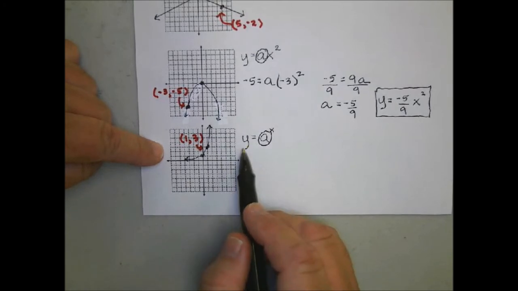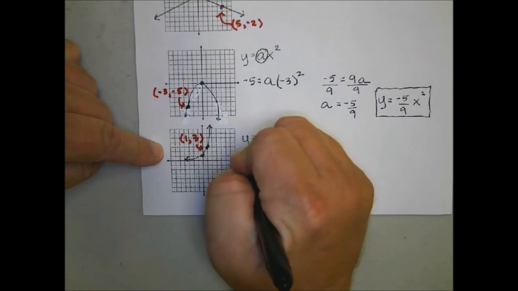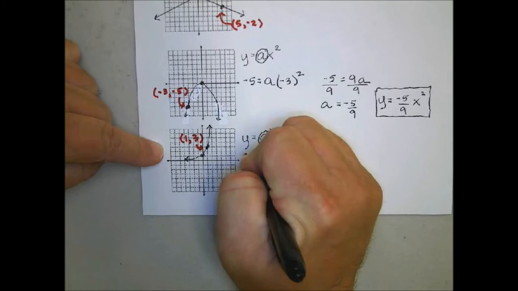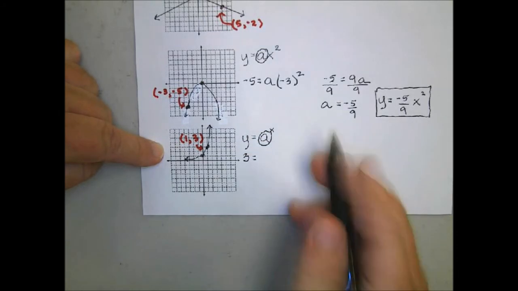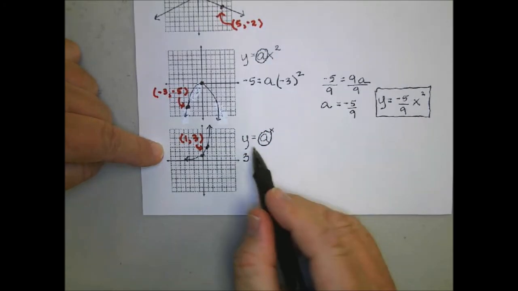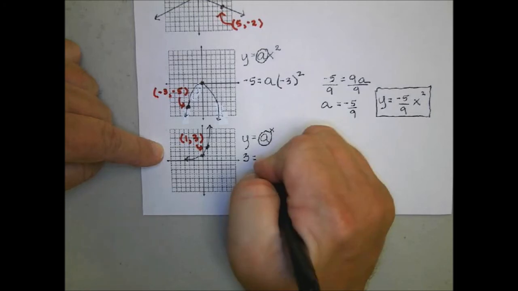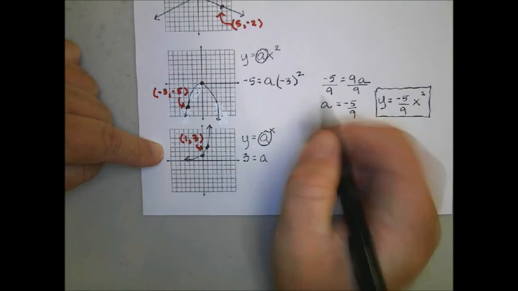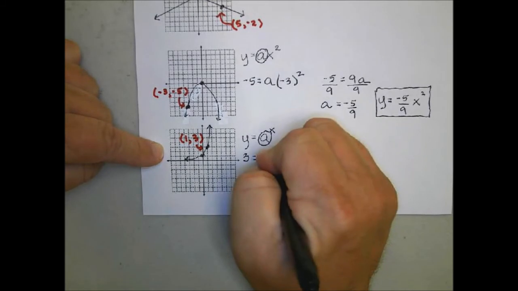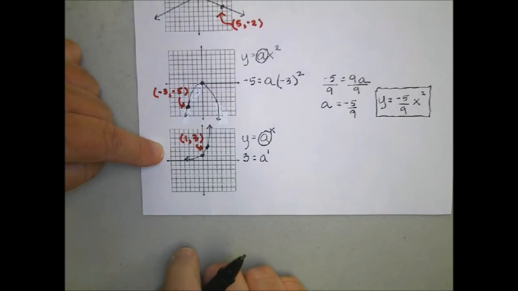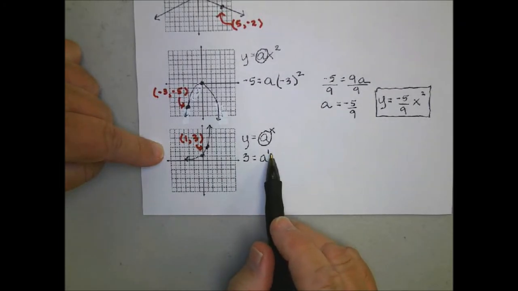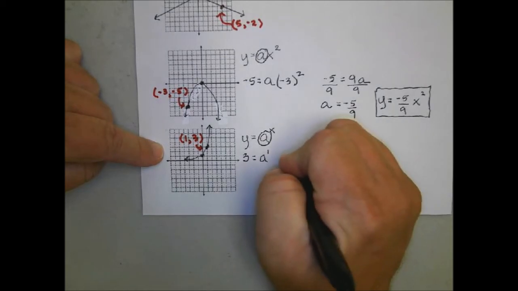Plug in. I know my y value is 3 when my x value is 1. So y equals a to the first power, because here's my plug-in for x up here in the exponent. So 3 equals a, some number raised to the first power.